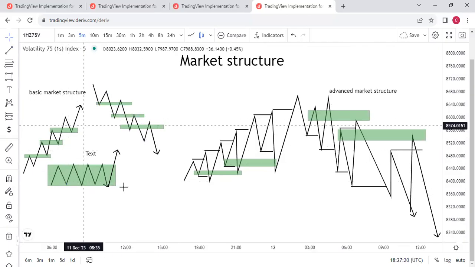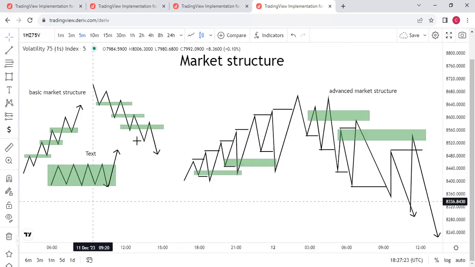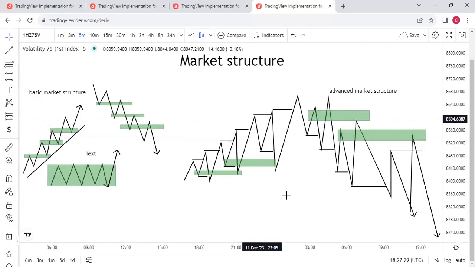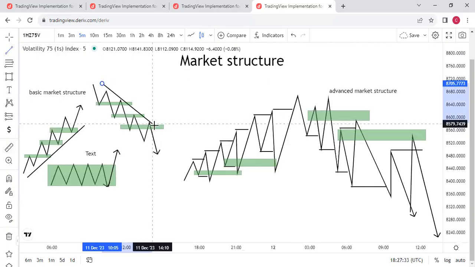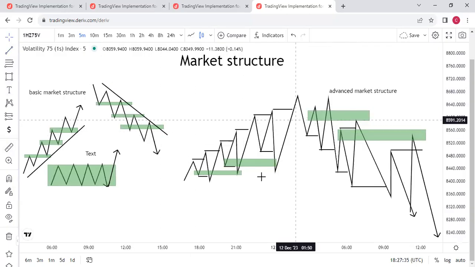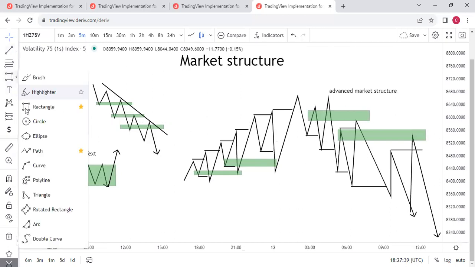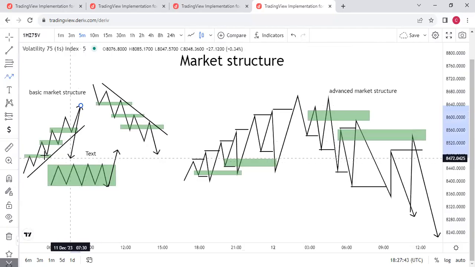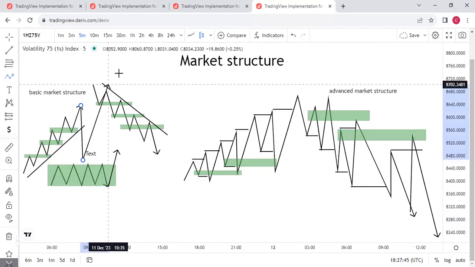When you are in the market prematurely, you know that market is not ready to move yet. All of these are just forming liquidity for this advanced market structure to take place. Market is definitely going to take this out later. Market might do something like this, take all of this liquidity out, and then continue to the upside.